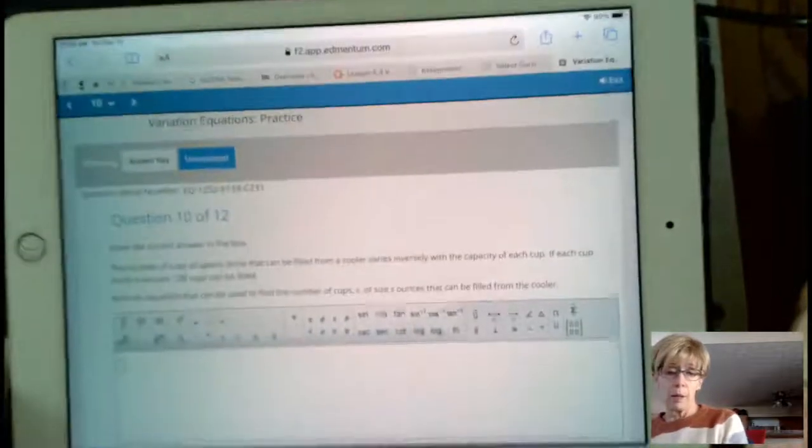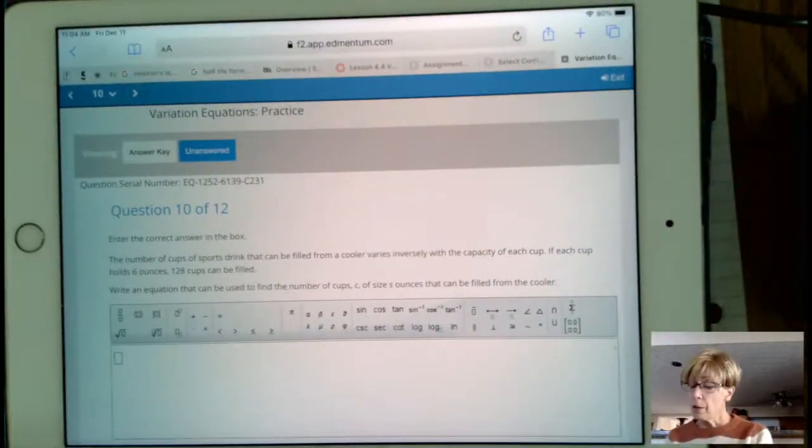I start off reminding myself that xy equals k is the generic formula for varies inversely. And what we know in this particular case is that we're really working with cups and the size in ounces. And I'm really sorry to use S. So C times S equals k.